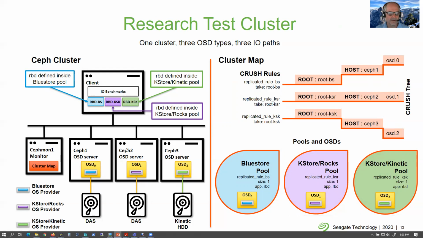So basically I created a cluster that allows us to define different OSDs with different object stores. So we have BlueStore, KStore with RocksDB, and KStore with Kinetic. And then we've implemented RBDs on top of that, which allows us to do RBD testing that goes through each of the individual paths independently. And we've done that through various CRUSH rules and pools.